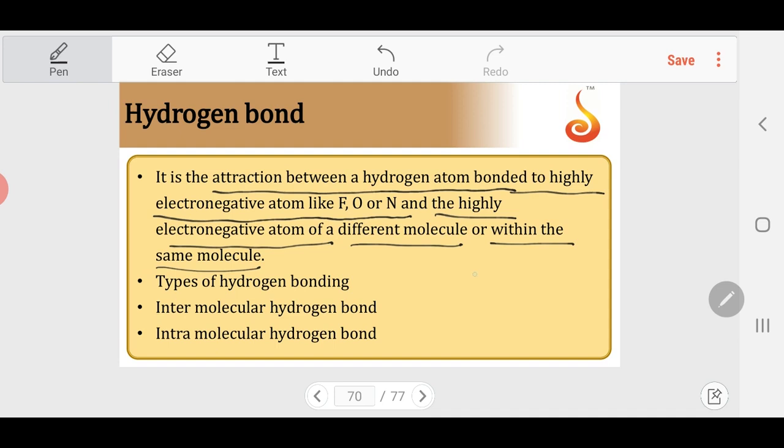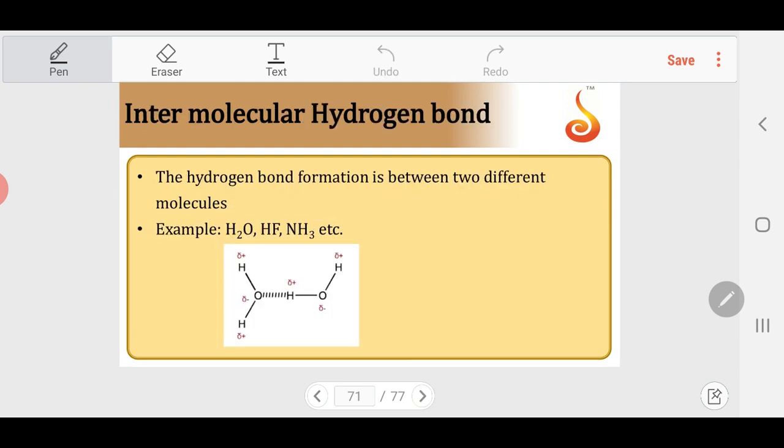These can be present in a different molecule or within the same molecule. So based on the bonding within the molecule or outside the molecule, we have two types of hydrogen bonding. One is intermolecular hydrogen bonding, the second is intramolecular hydrogen bonding. In intermolecular hydrogen bonding, the hydrogen bond formation is between two different molecules. If I take H2O here, you can see very clearly oxygen is the more electronegative atom.